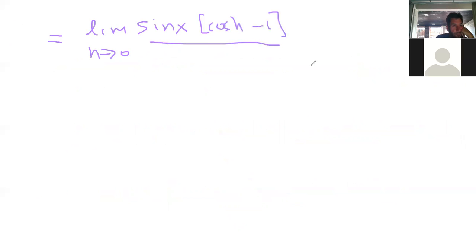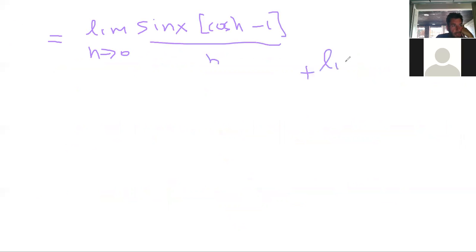So on the one hand, I have the limit as h goes to 0 of sine x times cosine evaluated at h minus 1 all over h.